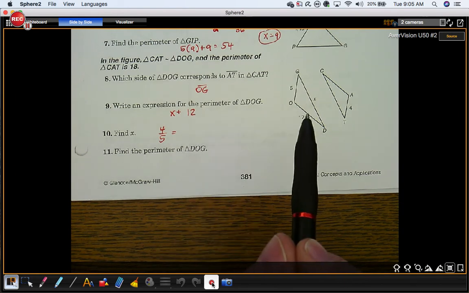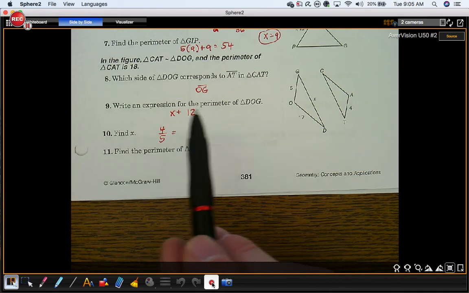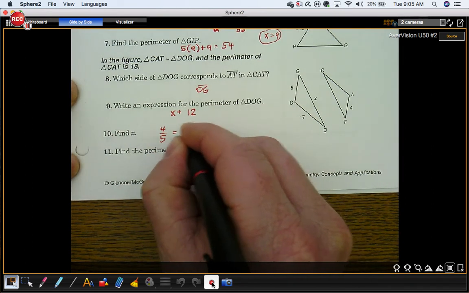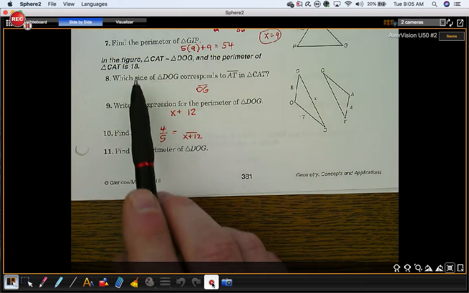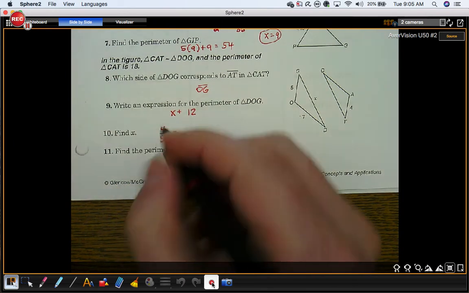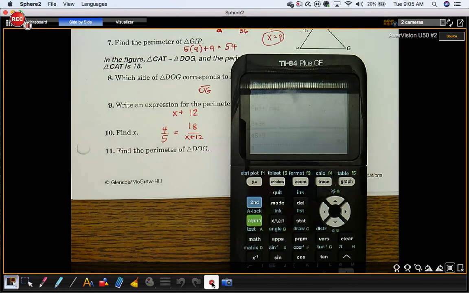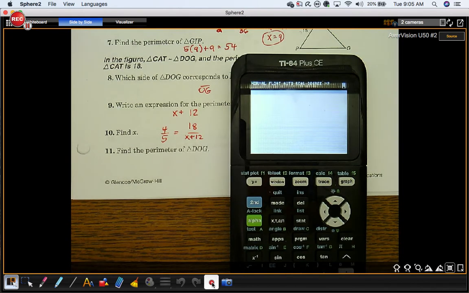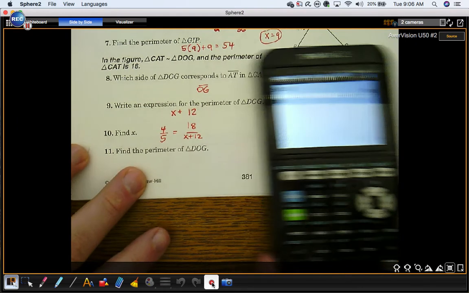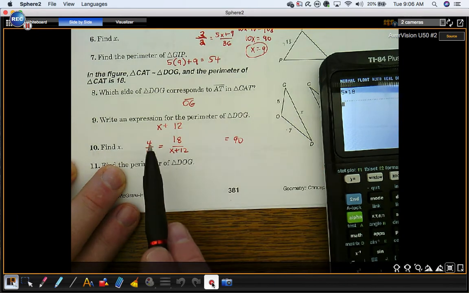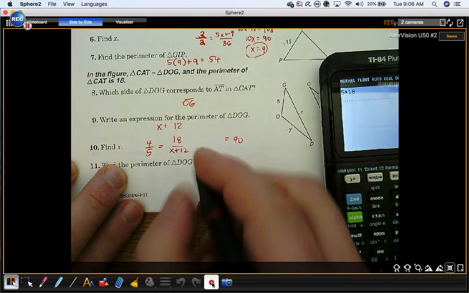DOG is the bigger triangle. So make sure you write the perimeter of triangle DOG with the bigger number. We know the perimeter of triangle CAT was 18. So we need to figure out what X is. We're going to take 5 times 18. That's going to give us 90. We're going to take 4 times this quantity, X plus 12.